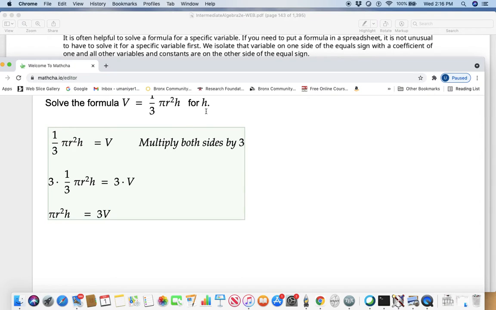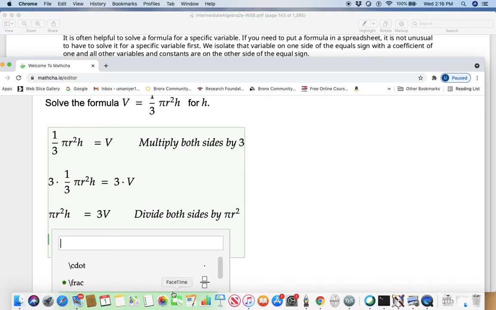Remember, the goal is to solve for h. So you want to get rid of pi, you want to get rid of r to the second power. All these are multiplying h. So how about dividing both sides by pi r squared, the quantity that's multiplying h.